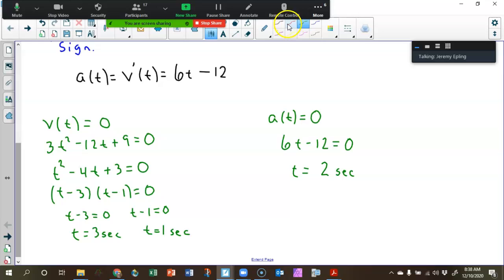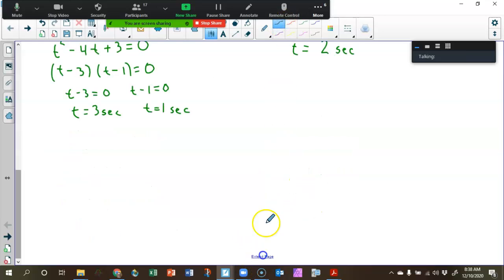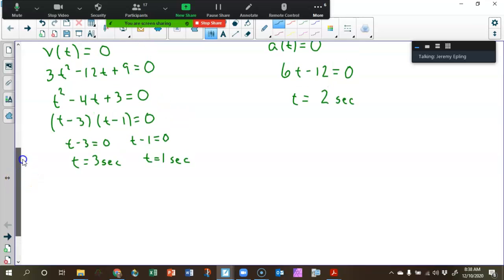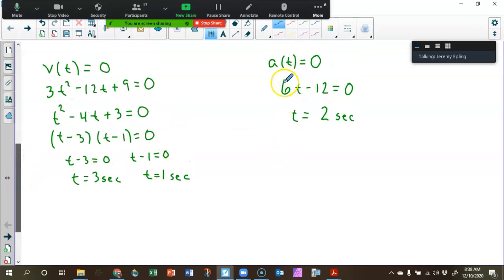Now, honestly, I wasn't really interested in when the particle was at rest or when the acceleration was equal to 0. I really want to know the positives and negatives. I want a sign chart for velocity. So I'm going to draw myself just my little x-axis, and a sign chart for acceleration.